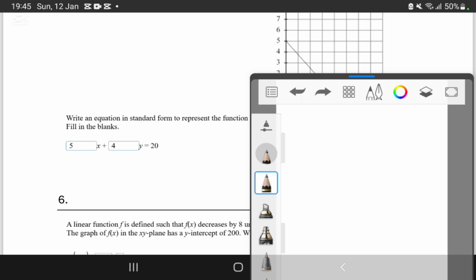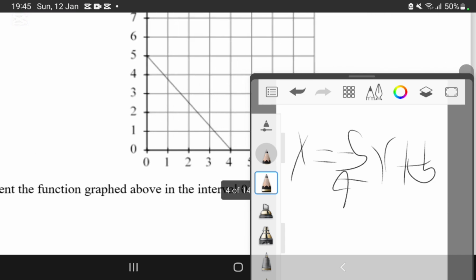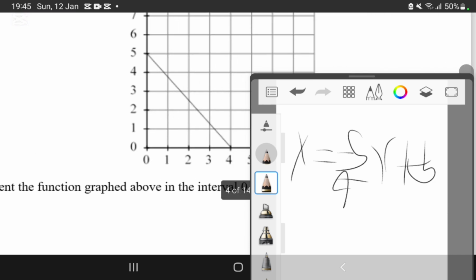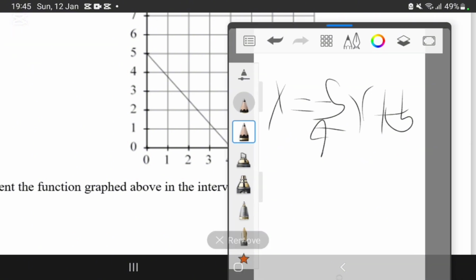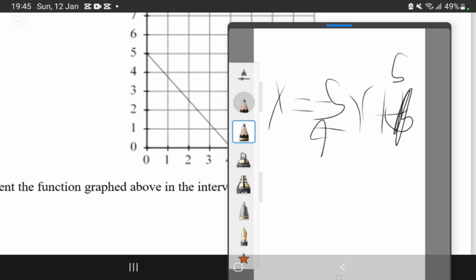Then y equals negative 5 over 4x plus b, where b is always the value of y at which the line intercepts the y-axis. So instead of b, it will be 5.